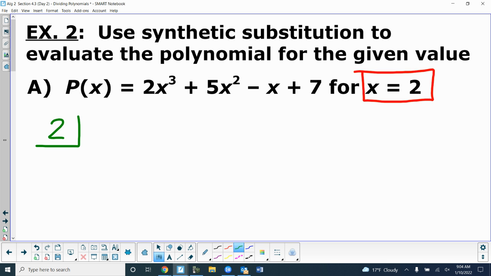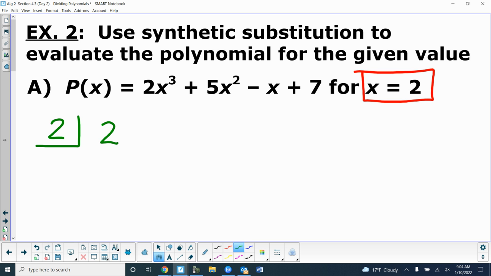You with me? If it said x minus 2, then you put 2 in, right? Or if it said x plus 2, then you put negative 2. But this says x equals 2, so don't switch it like we just did. That's where we make a mistake sometimes, okay? So pay attention.